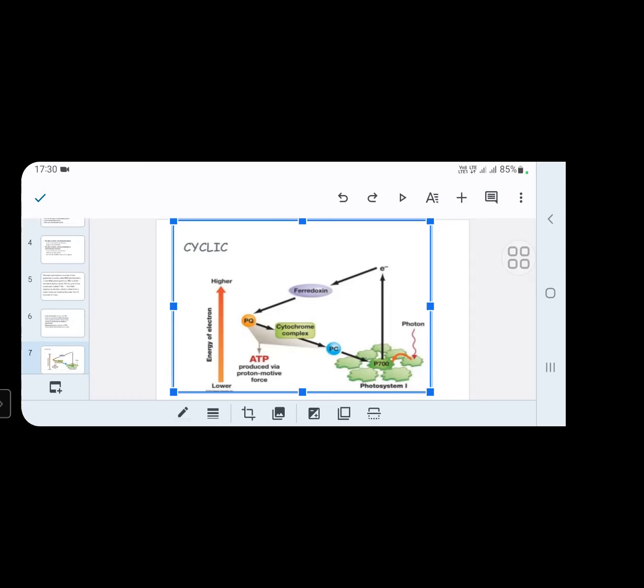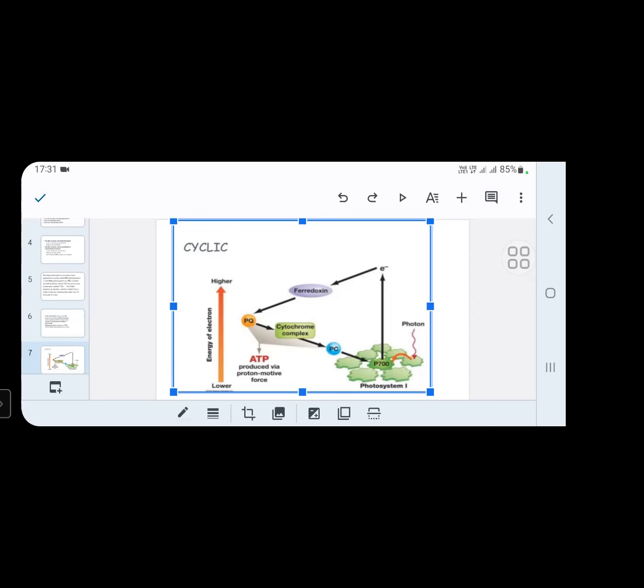So what is the use of cyclic photophosphorylation? Generally, during the cyclic photophosphorylation, ATP is produced via proton motive force. In the cyclic photophosphorylation, no oxygen is released and NADP is not reduced in this cycle.